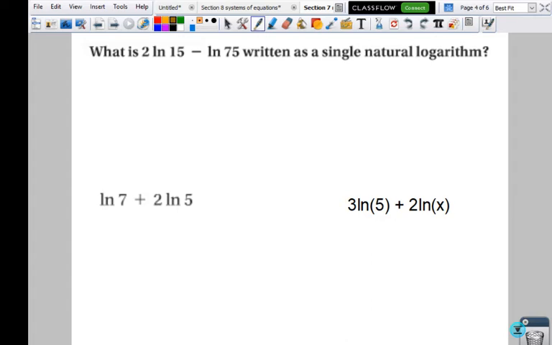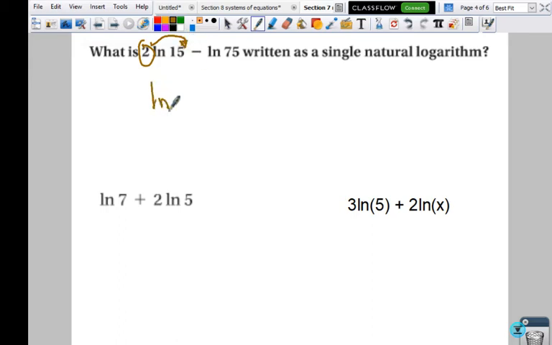We're gonna write 2 natural log of 15 minus natural log of 75 as a single logarithm. So this is based on that lesson we did a couple days ago. And natural log, remember, works the same way as regular logs. So if I have this 2 out in front of a natural log of 15, this 2 is going to go up as an exponent.